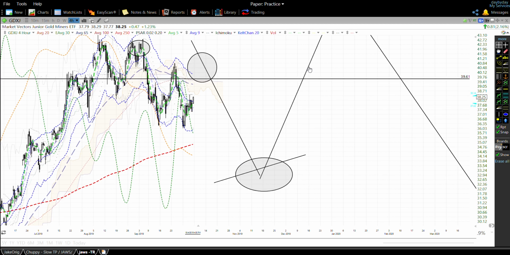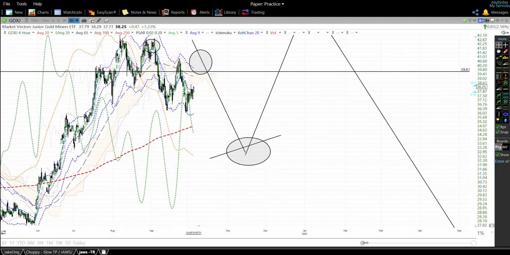And then trends higher. And that trending higher moment would be sometime into January before it comes down. And like I said, we will know more about that later.